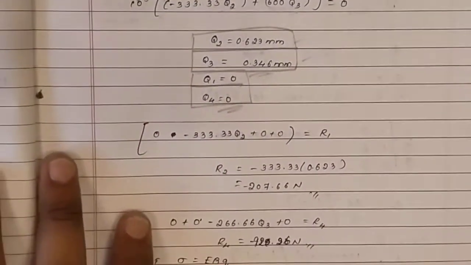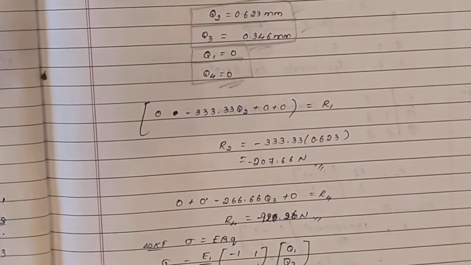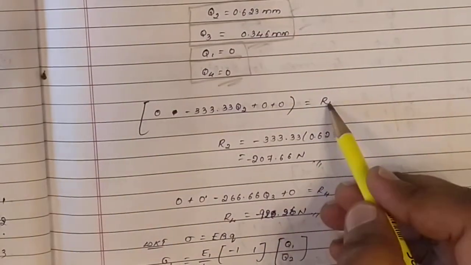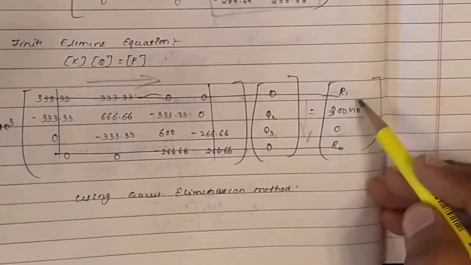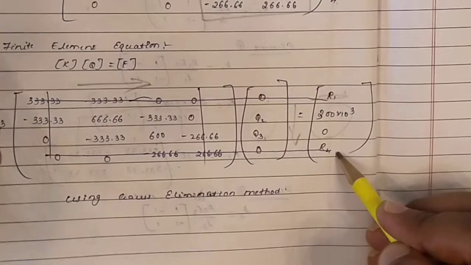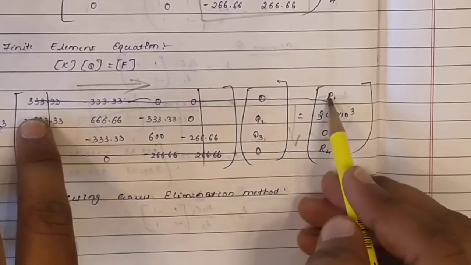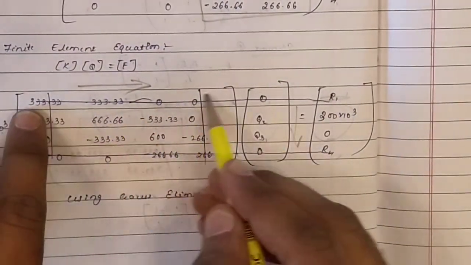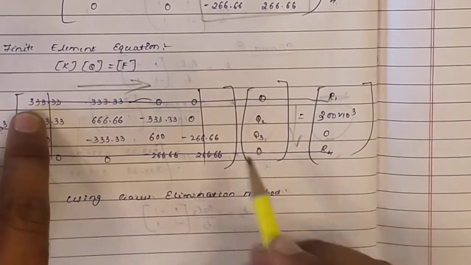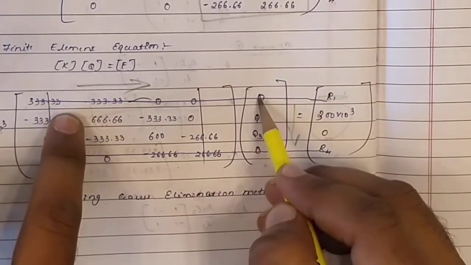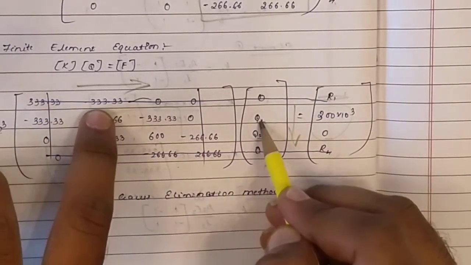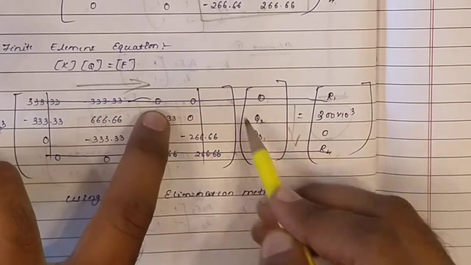Okay. Next, the question asks to find the reaction forces. Reaction forces, we have R1 and R4. So to find out R1, take the first equation, this into the whole thing. 333.33 into 0 is 0, 333.33 into Q2, plus 0 into 0, 0 into 0.